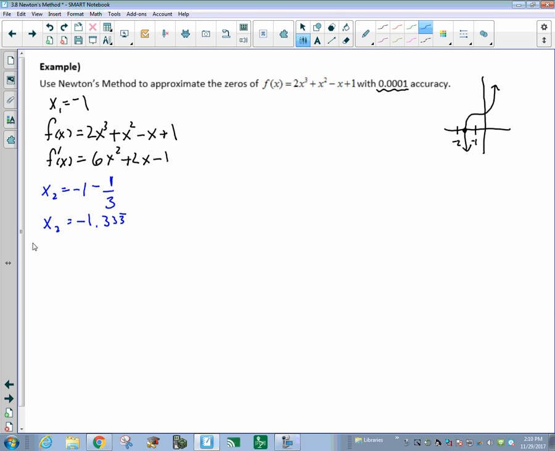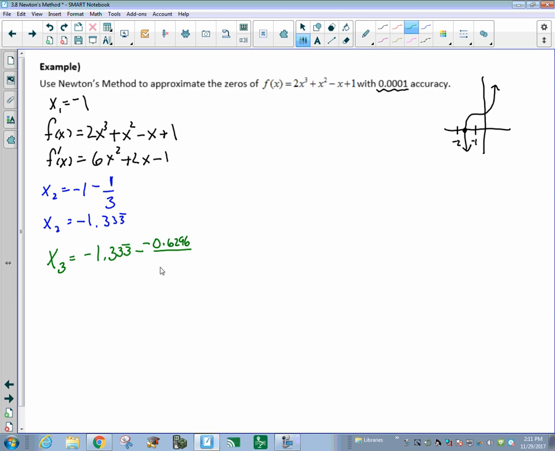And so you can kind of see we're going to bounce back and forth on this one. And so then we'll go to x sub 3. If I substitute in these values, I'm going to get -1.333 repeating, minus substituting -1.333 into the f of x function. I would end up with -0.6296.